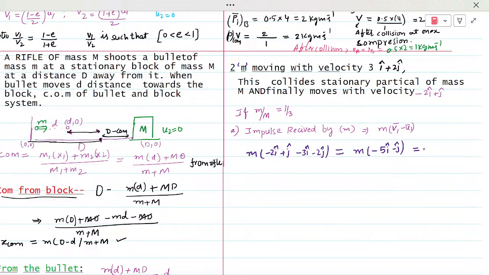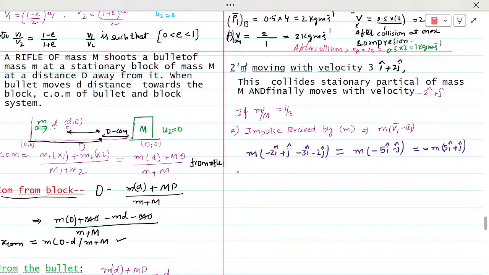That means the direction is opposite, the impulse is acting opposite to the initial direction, right? m into 5i cap plus j cap, minus sign. So this is the impulse imparted to the first particle.